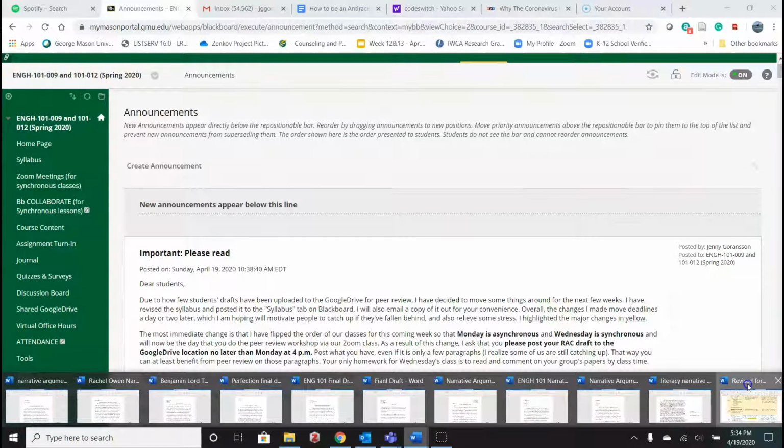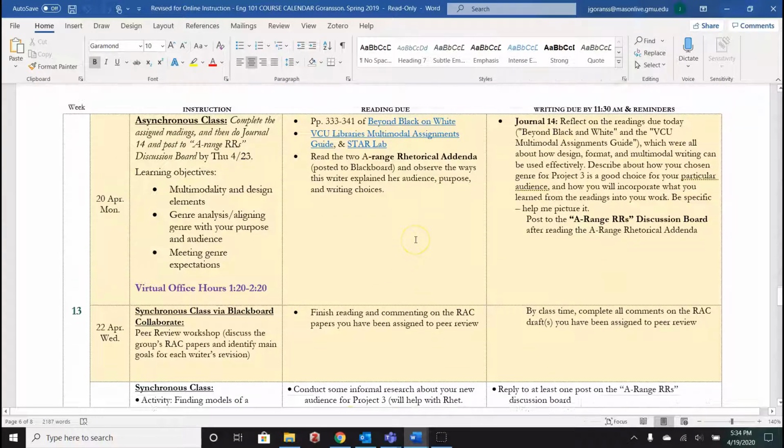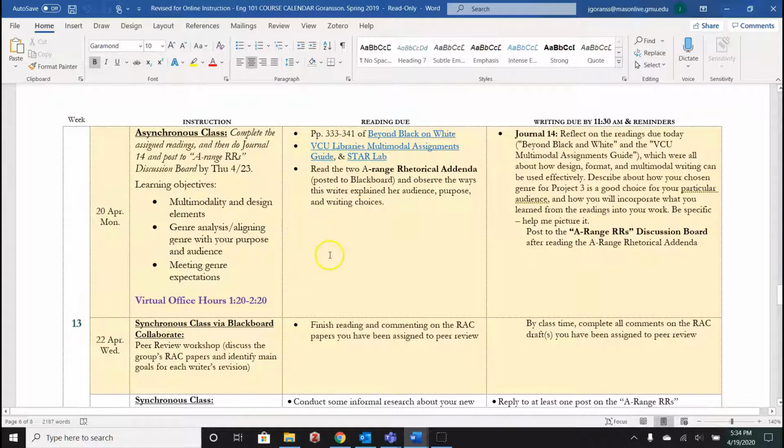So here on the syllabus, you can see that we're really starting to move into project 3, thinking about how do you write in a new genre. And most of the genres that you're going to be thinking about for project 3 involve not just text, but usually some images or at least some design, like, with certain things bolded or certain things italicized.